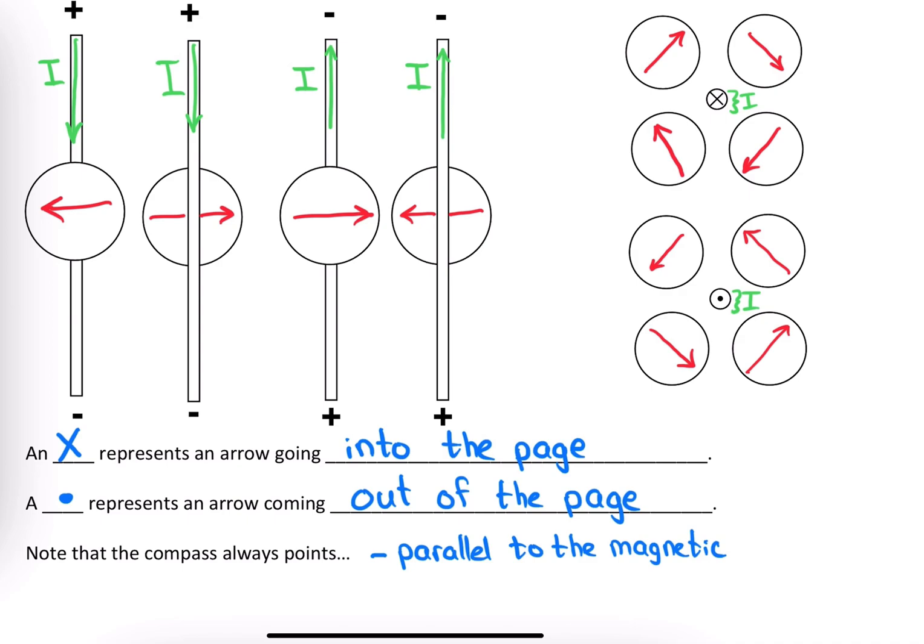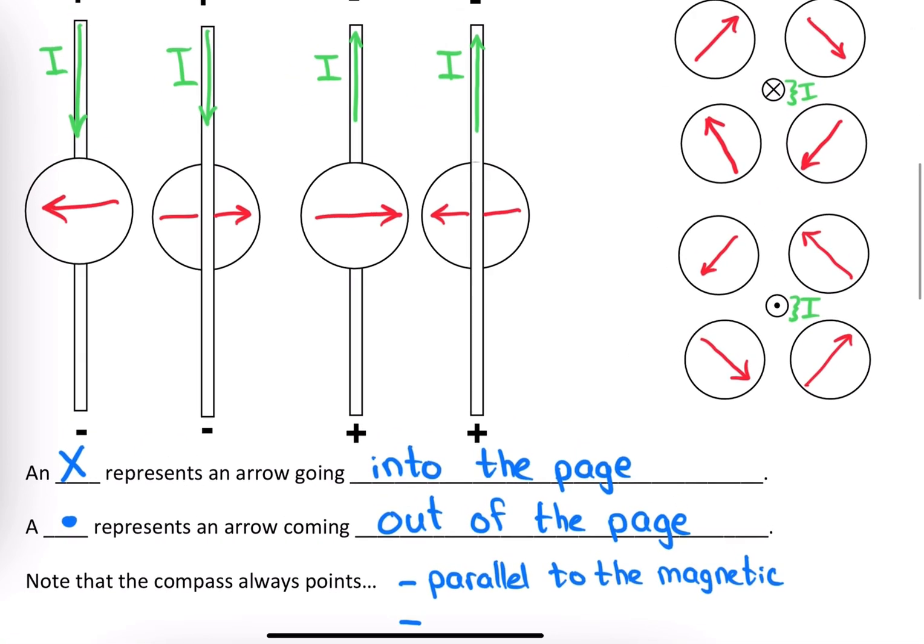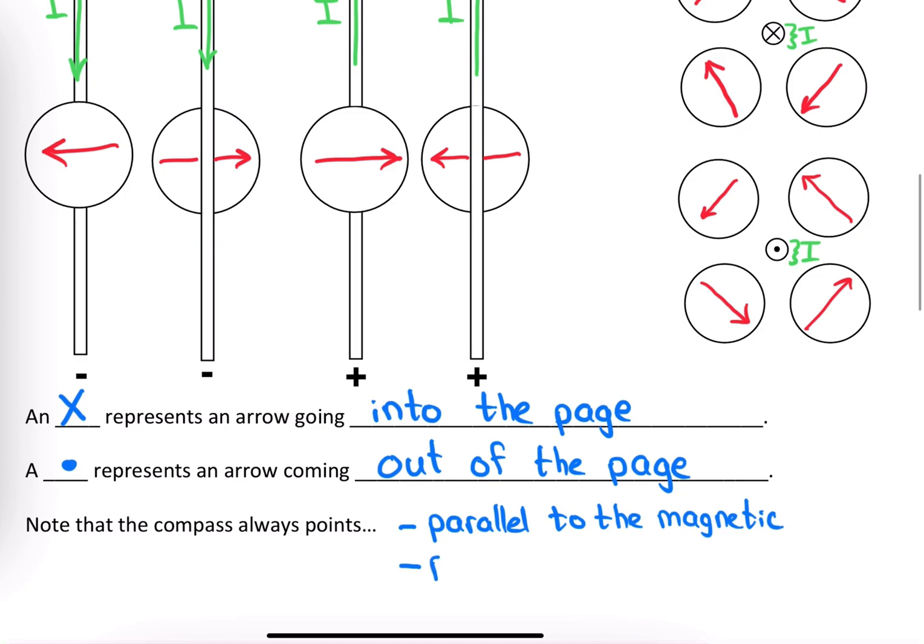Also note that the compasses are always pointing perpendicular to the current that caused that field. So when an electric current causes a magnetic field, the field it causes is perpendicular to the current.